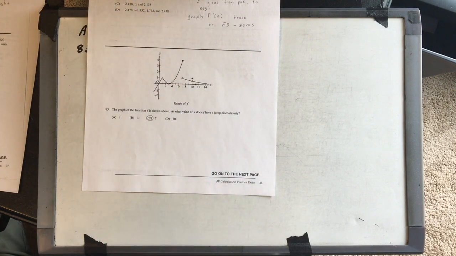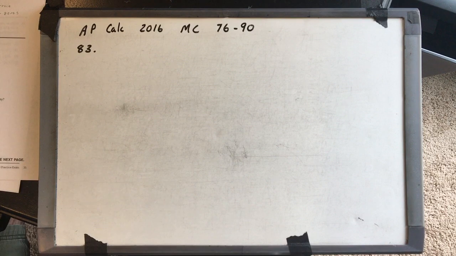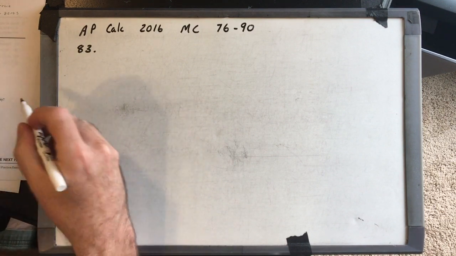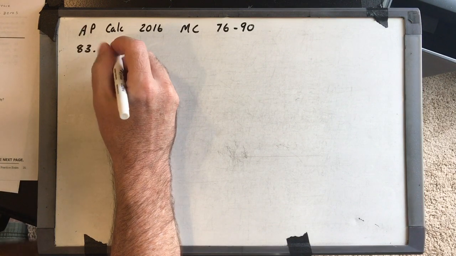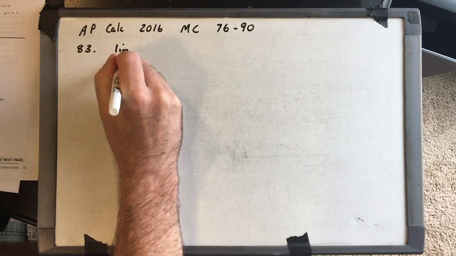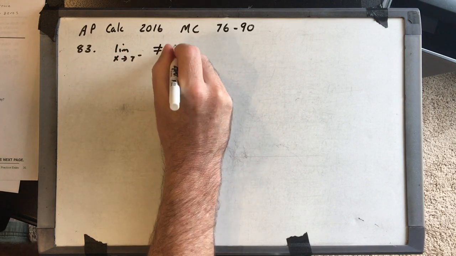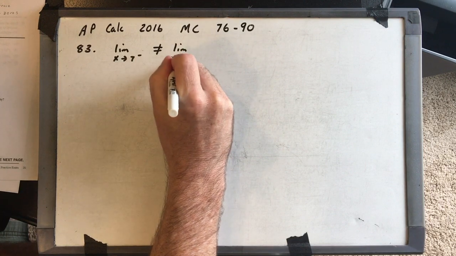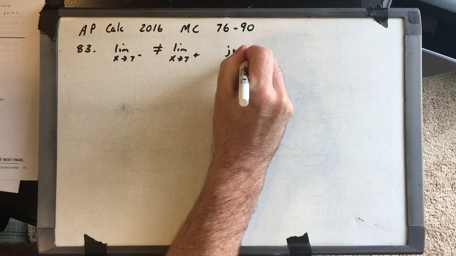that's a jump discontinuity. All right, so on the 2020 test, you would have to write why you think it's a jump discontinuity. All right, and you would say something like the limit as x approaches 7 from the left does not equal the limit as x approaches 7 from the right. So that's a jump discontinuity.